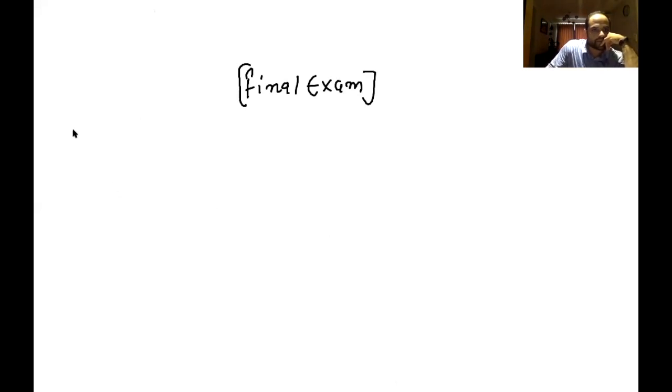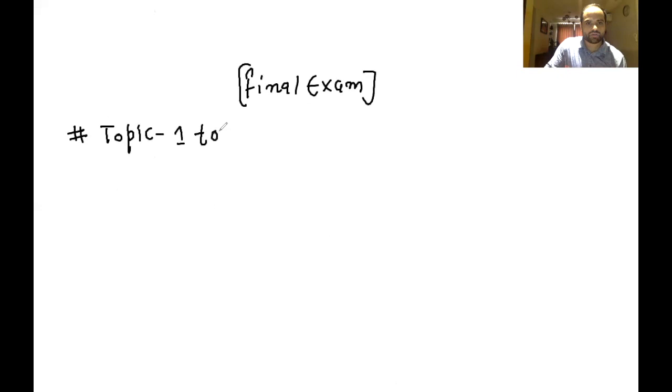All right, so first thing, your final exam topics. Whatever topic we have finished until now, which means topic 1, 2, up to topic 8. We finished 8, right? The last topic was ratio analysis. So whatever topics we have covered in this subject, all will be part of your exam.